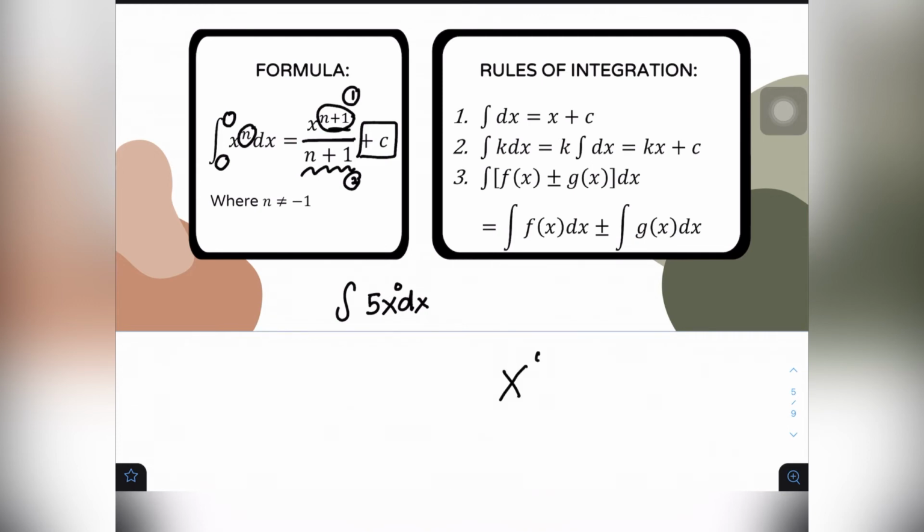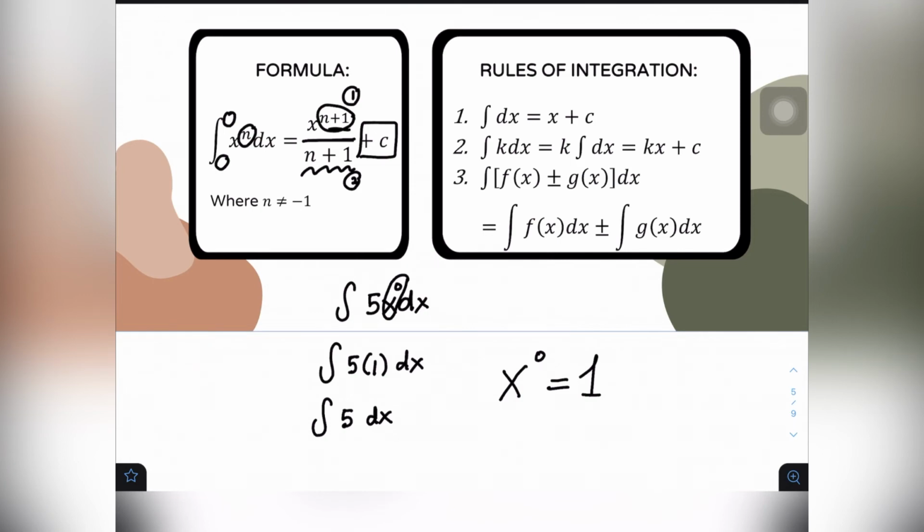The value of x to the power of 0 is equal to 1. Therefore, if you substitute your x to the power of 0 here with 1, you actually get the integration of 5 dx. That's why you cannot see any x behind your coefficient, behind your constant. But actually, you have x. Your x is to the power of 0. Because x to the power of 0 equals 1, you cannot see it. That is the idea.